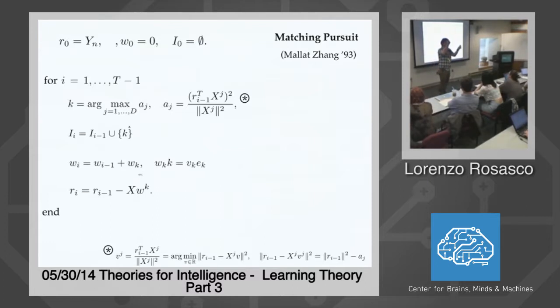If you solve a one-dimensional problem, then you have one variable, one column, and one coefficient, one number, okay? Once you have to update the solution, this vk is the coefficient associated to that one variable that you chose. So what you do is, this is just the orthonormal element, the vector of zeros with 1 in the position of the variable that you chose.